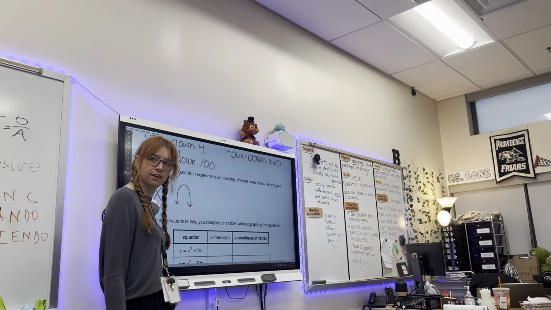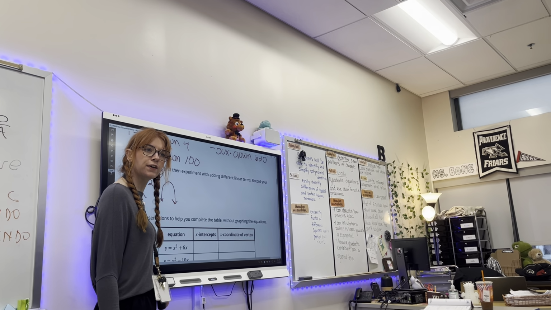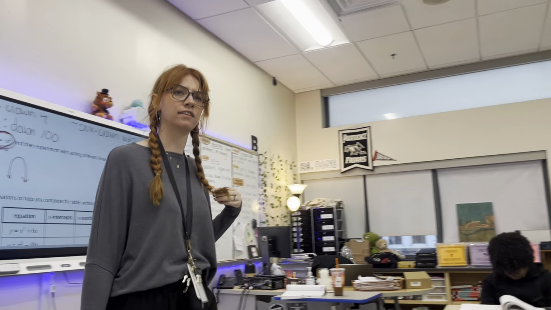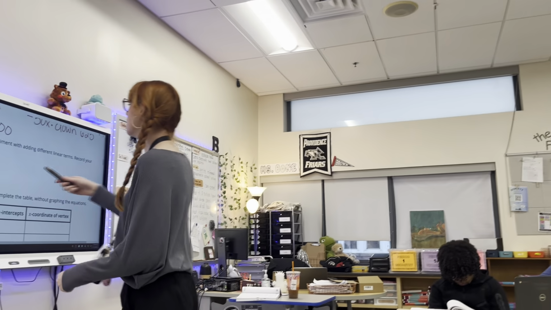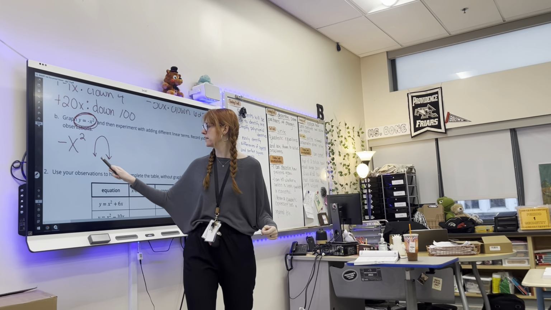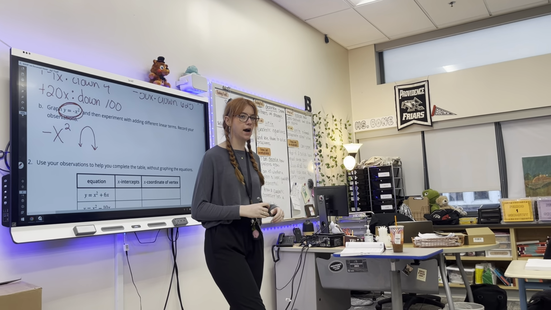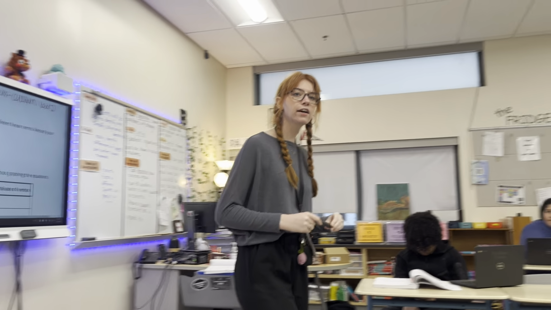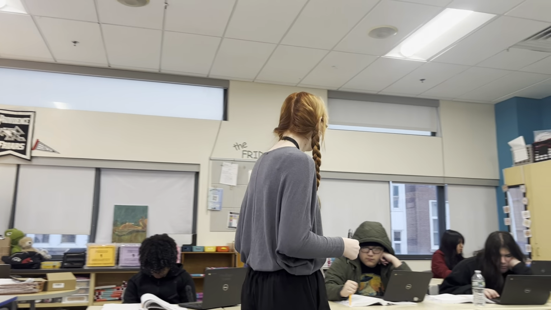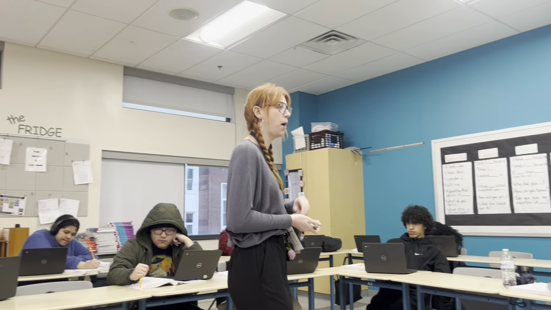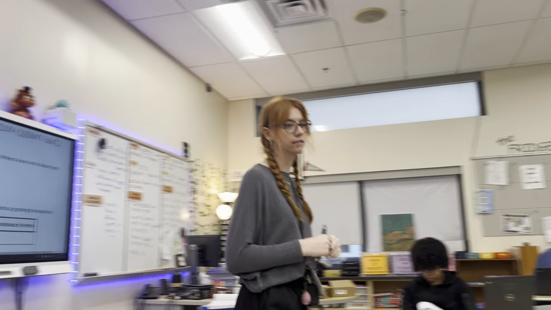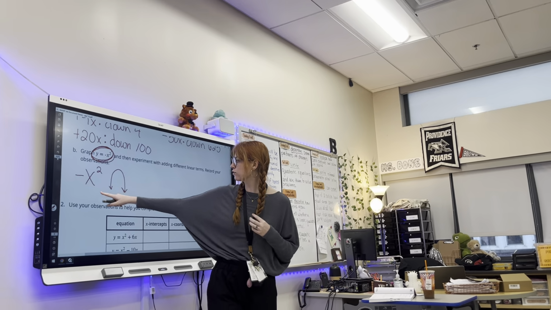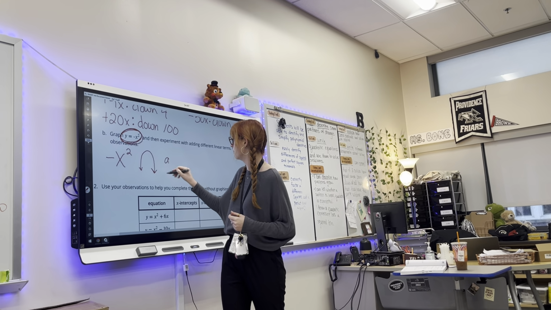If you feel negative, are you happy or sad? Is negative a good feeling or a bad feeling? Bad. When you feel negative, you point down like a frown. When your x squared is negative, you go down like a frown. And when it's positive, you're smiling because you're happy.